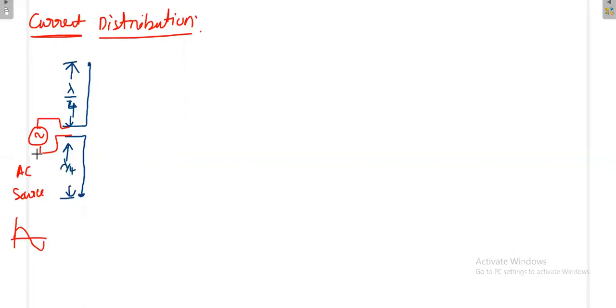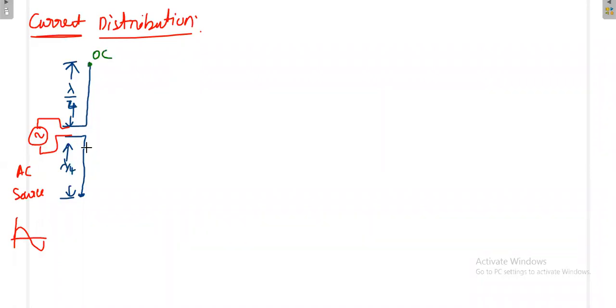Once you give some signal, AC or DC, to the wire, you know one thing: at open circuit, the signal comes happily from here to here, and once it comes here, it sees open circuit.